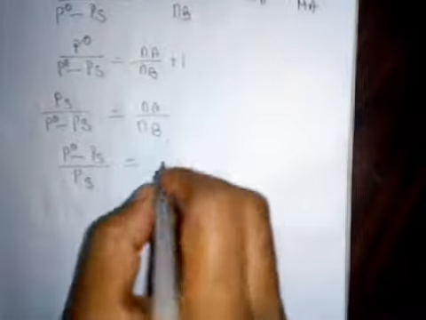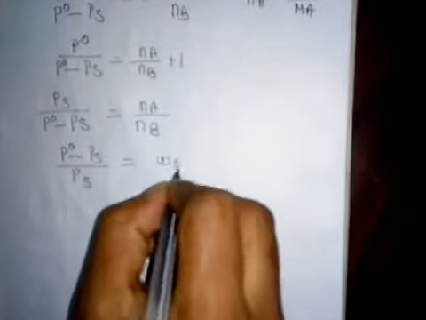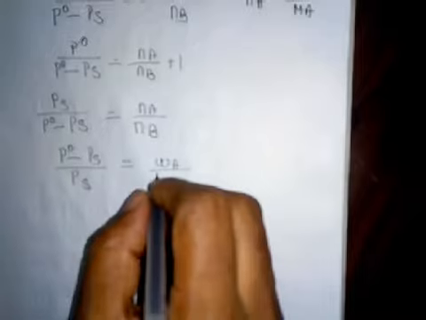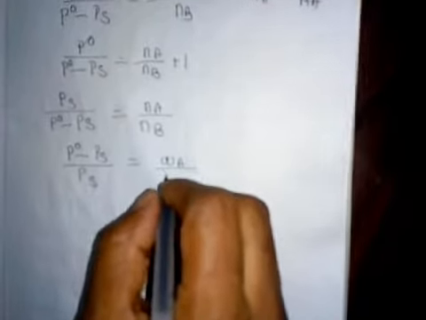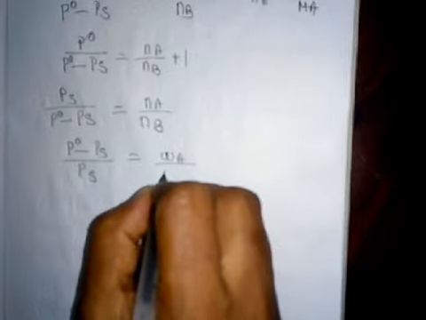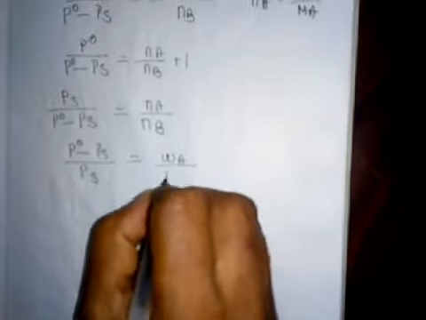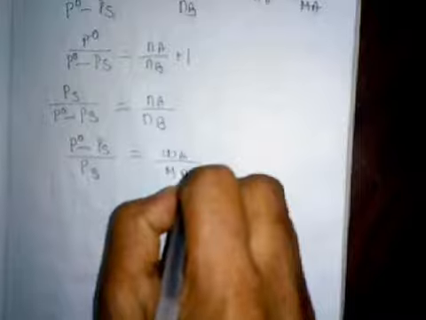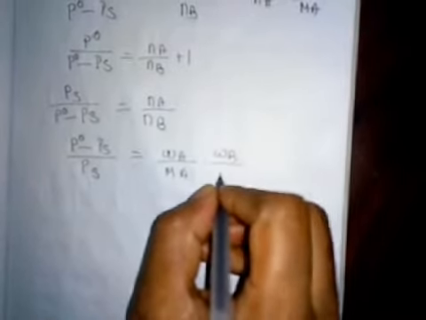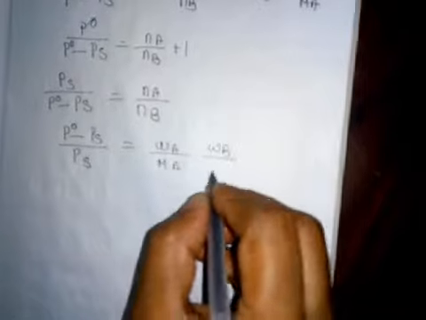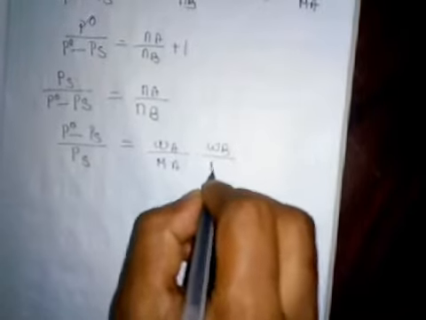Or we can simply put it as P naught minus Ps by Ps is equal to, in place of Na we can put Wa by Ma, Wb by Mb.